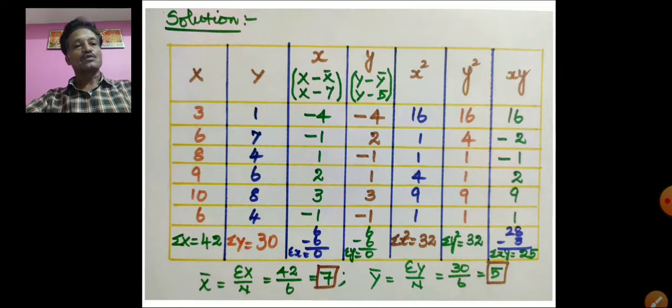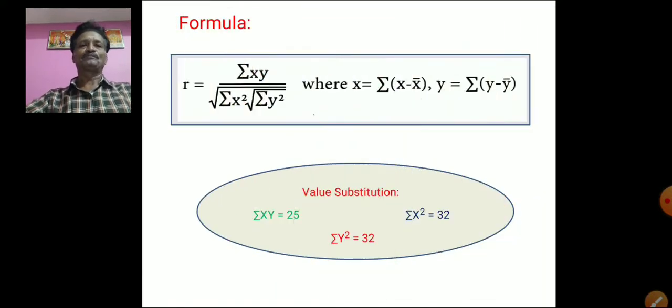Now we have to substitute the values in the formula. The formula is r equal to sigma small xy by under root of sigma small x square into sigma small y square. It's a simple formula, right? The values are sigma xy equal to 25, sigma x square and sigma small y square are both 32.